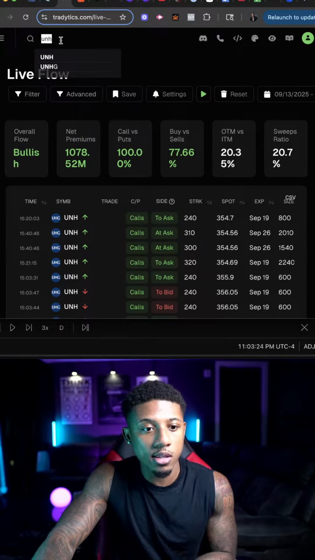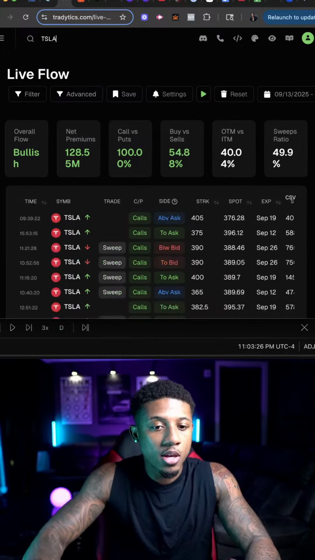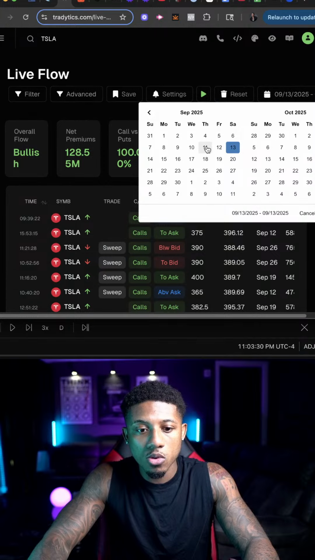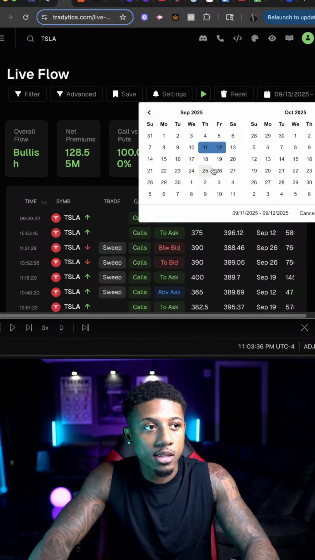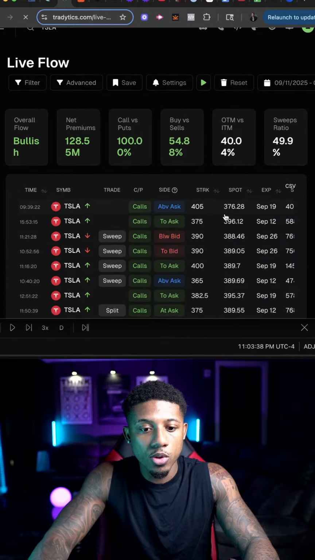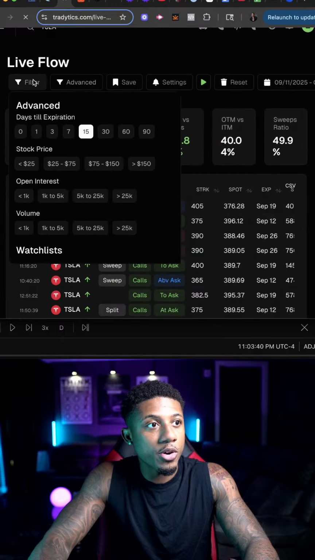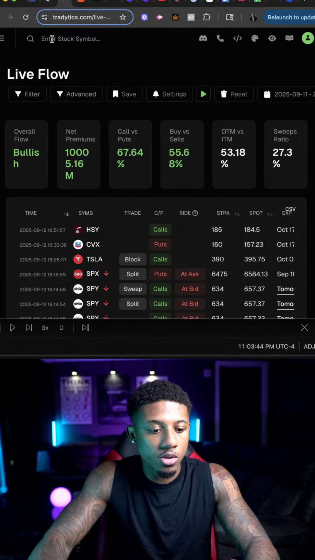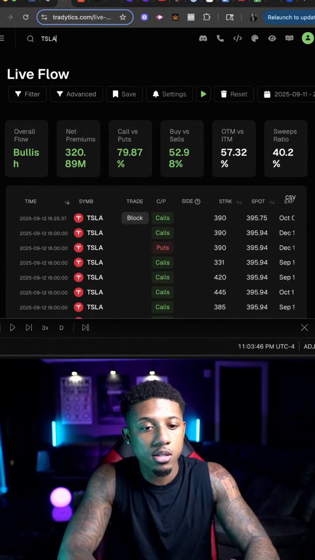So let's look at this, right? Let's talk about Tesla. When you go over to Tesla and you type in the ticker and then you go to the time frame, we were looking at this on Thursday and on Friday, right? So I'm going to select the dates. When you select the dates, you come over here to filter, and I want to see Tesla calls. So I just refreshed. I'm going to type in Tesla as the ticker.